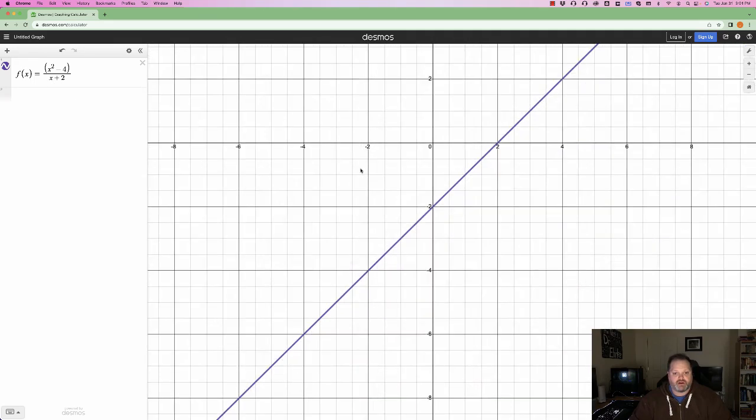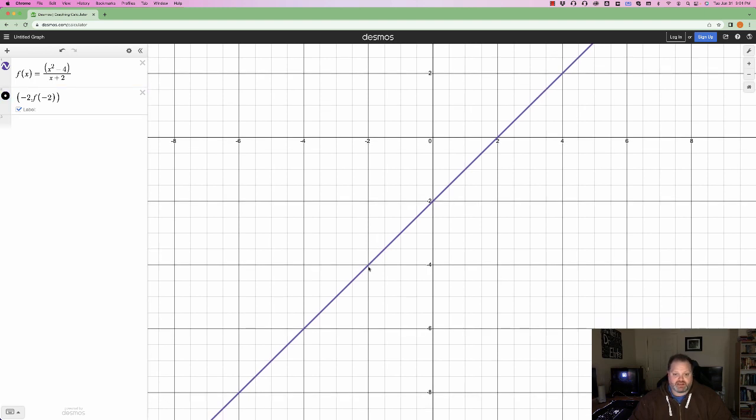So let's come over here, show -2. I'll plug in a point at -2, f of -2, and label that. You can see that it doesn't want to show up, and that's because f of -2 is undefined. We calculated together that the limit there should be -4. So I'll put in -4 instead.